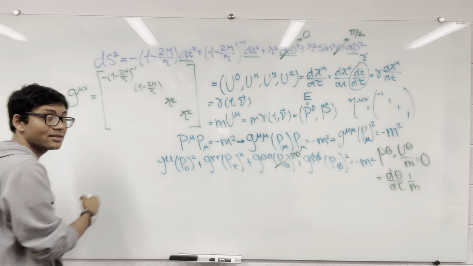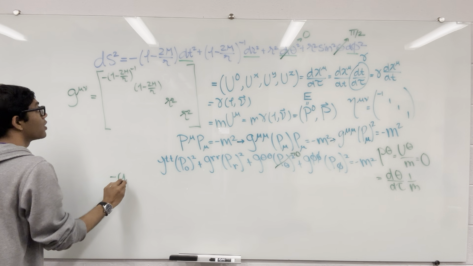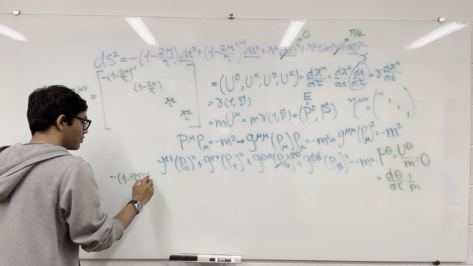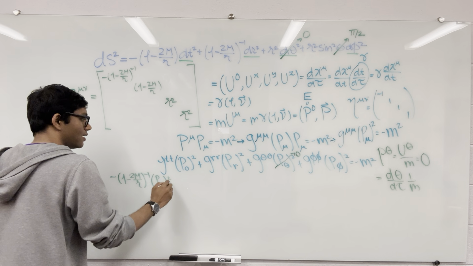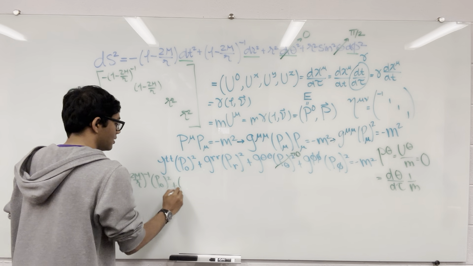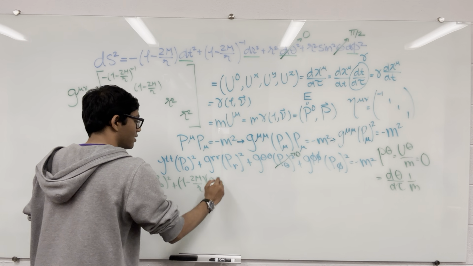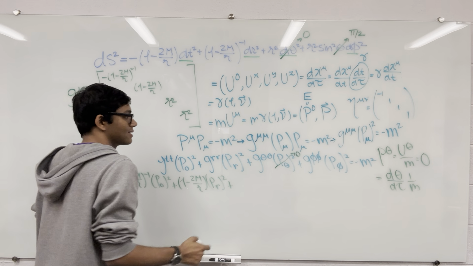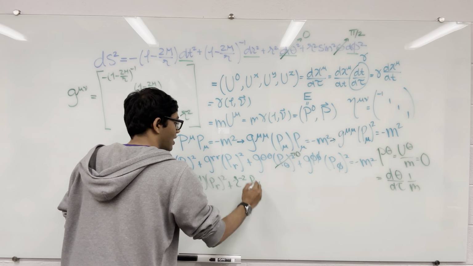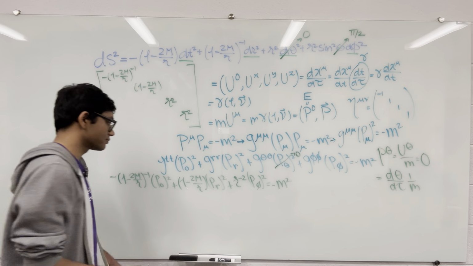This g^tt here is simply going to be the temporal term of the metric, -(1 - 2m/r)^-1, times p_0 squared, plus g^rr, which is 1 - 2m/r, times p_r squared, plus g^φφ, which is r^-2, times p_φ squared, and that's equal to -m squared.